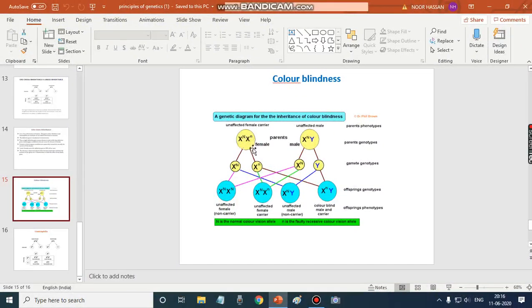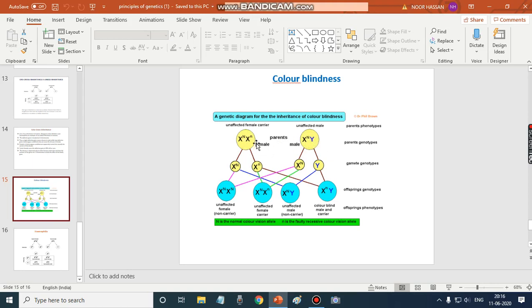This is the female, not affected, but at the same time a carrier female, because one of the X chromosomes carries this defective gene, small n. Capital N refers to the normal gene, small n refers to the defective gene, and this is the male, unaffected because his X carries the normal gene capital N and the other one is Y.